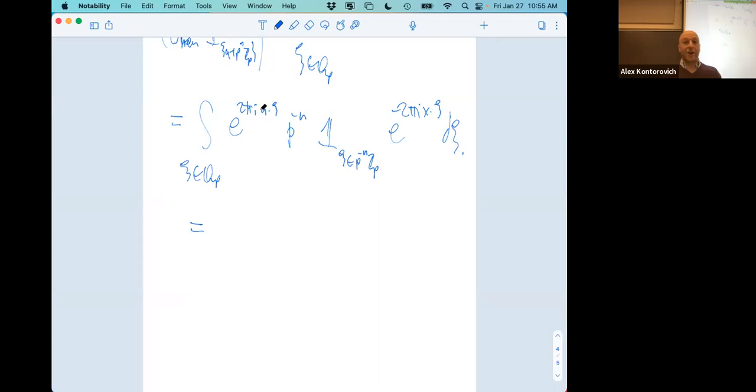This is a character. This is an indicator function. Okay, so I'm integrating over c just in p to the minus n Z_p. I have a character e to the 2 pi i (a minus x) c. And there's this factor of p to the minus n in front, dc.